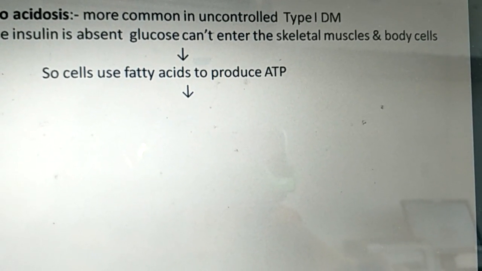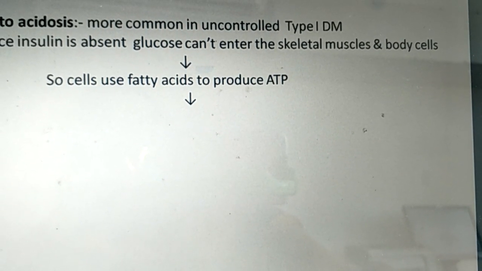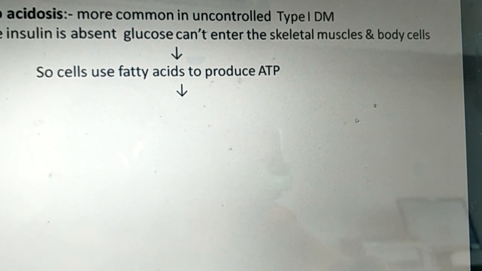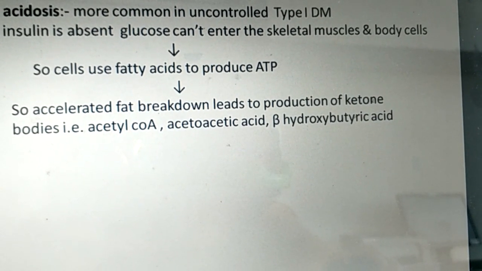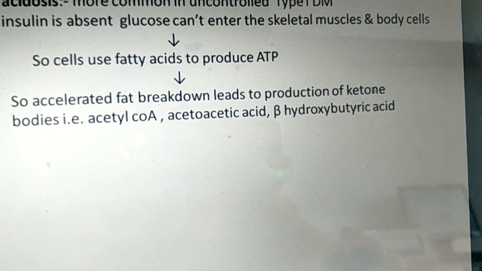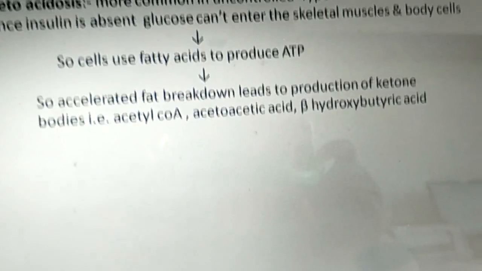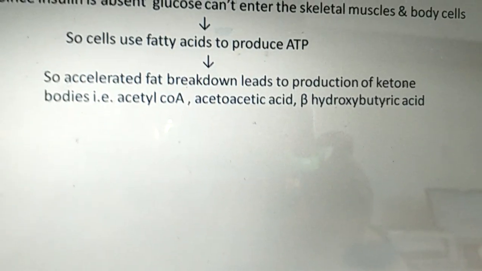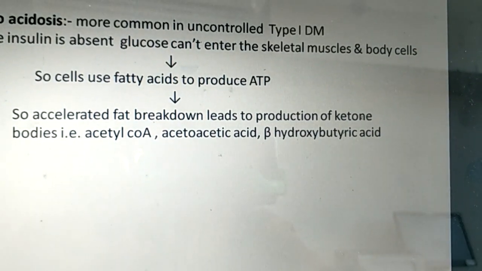Now, you might have read in lipid metabolism in biochemistry in your first prof that when fatty acids are used, ketone bodies are released. The most important ones are acetyl CoA, acetoacetic acid, and beta hydroxybutyric acid. These are synthesized.